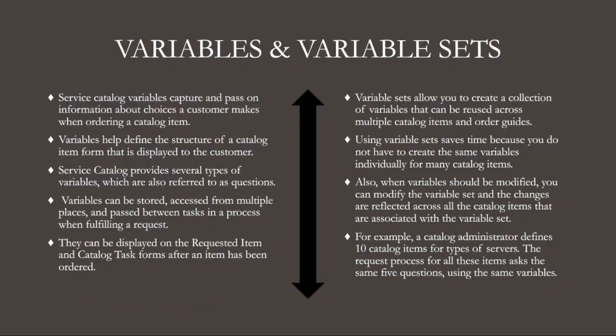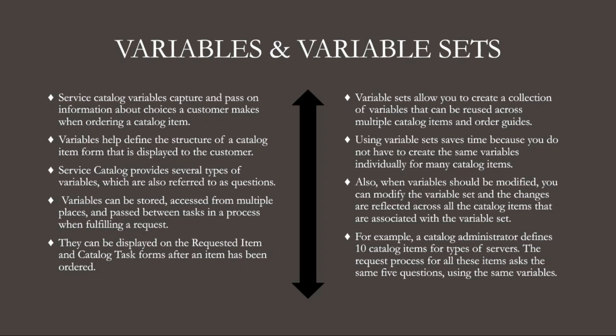Okay, so let's move further and see what is variables and variable sets. Service catalog variables capture and pass on information about choices a customer makes when ordering a catalog item. Variables help define the structure of a catalog item form that is displayed to the customer. Service catalog provides several types of variables, which are also referred to as questions.